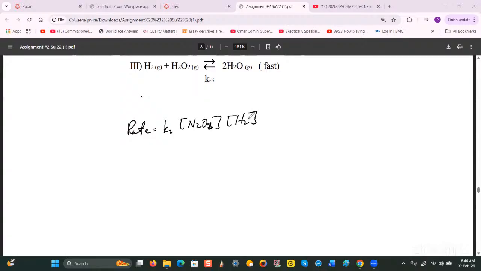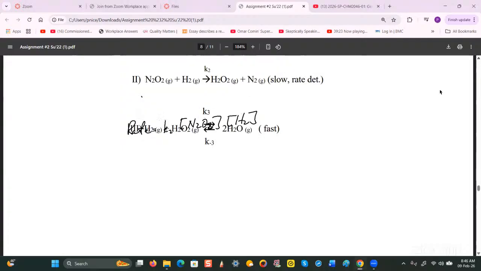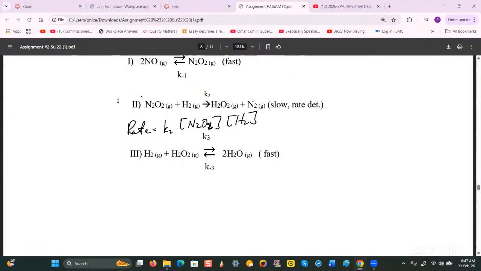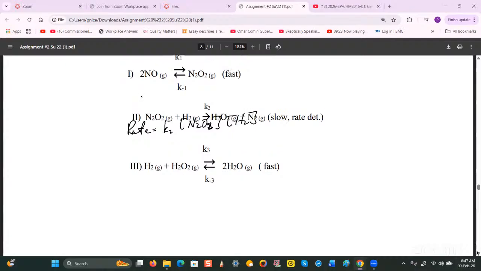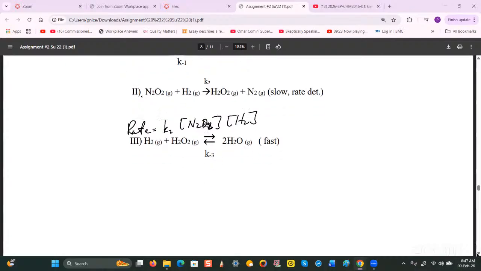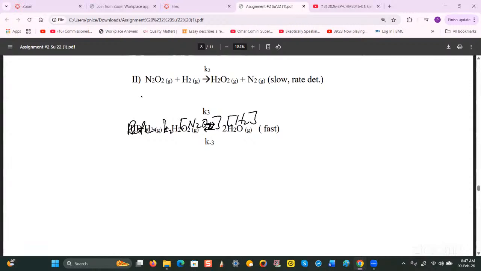All right, so this here, let me scroll back up so you see what I'm talking about. This here is a rate law for this step right here: the concentration of N2O2 times the concentration of H2, and the rate constant would be K2. Now the problem with this, as it is so far, is that the N2O2 is an intermediate.